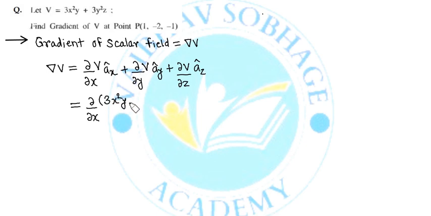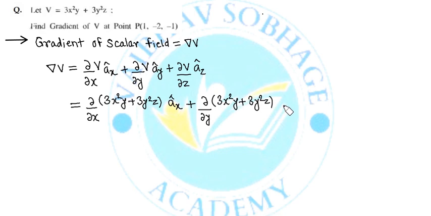We have V equal to 3x square y plus 3y square z along the x direction, then partial differentiation with respect to y for your given V, 3x square y plus 3y square z along the ay direction, and partial differentiation with respect to z of your given V along the az direction.